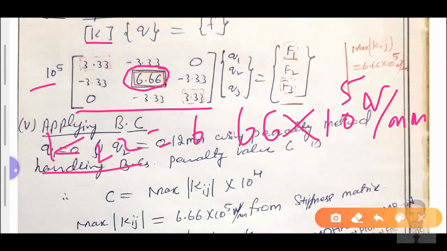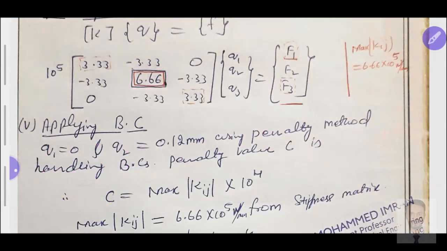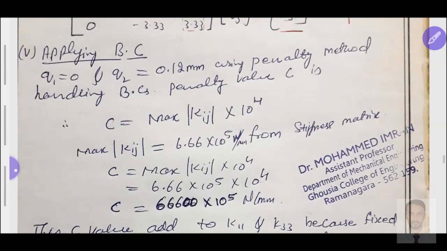That is the maximum value, max Kij. So this value will be substituted in this equation: K max equals Kij into 10 to the power of 4. I have substituted here so we can get the penalty value.